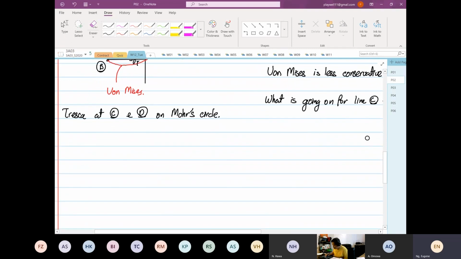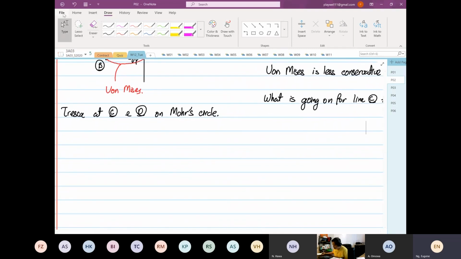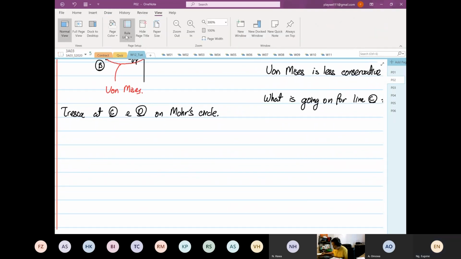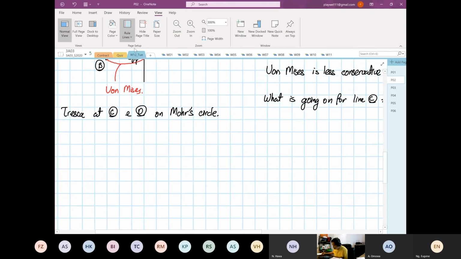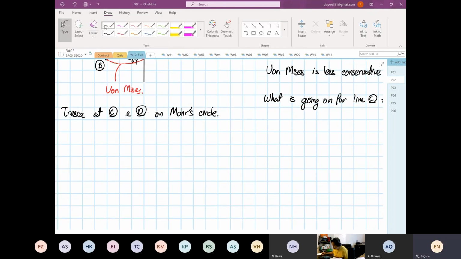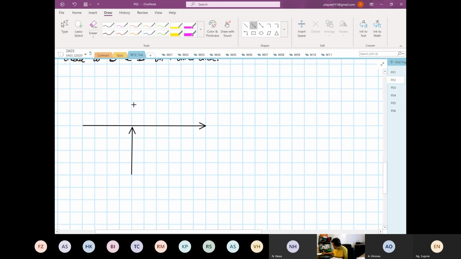So now I'm going to draw Mohr's circle. We're going to construct Mohr's circle now. This is the element, the shear element rotating clockwise, and the shear element rotating anti-clockwise.